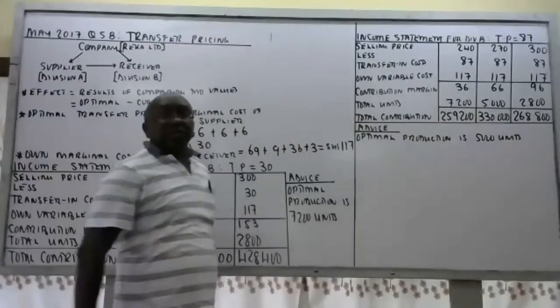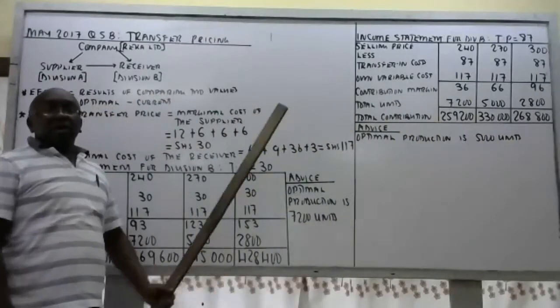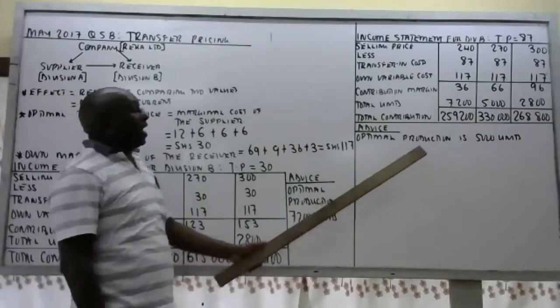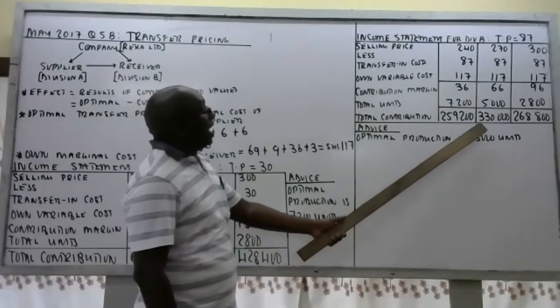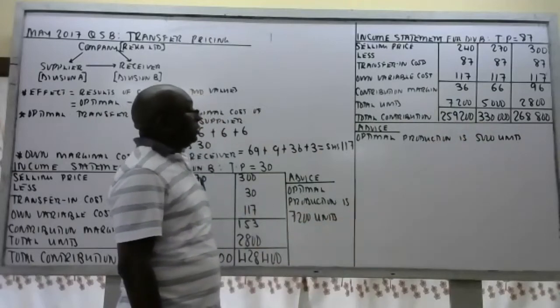So when you go to division B, they will prefer to have 5,000 units because they have the highest contribution.